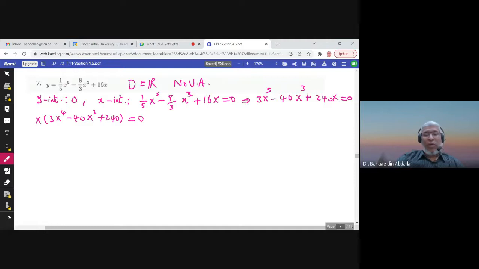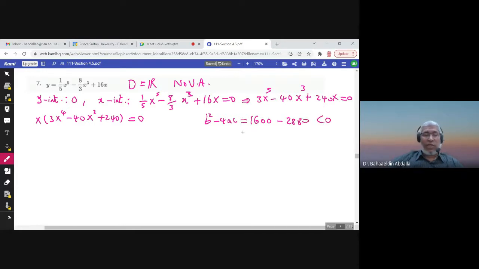Or I can try to find b squared minus 4ac, which is the discriminant, to make sure whether there are solutions or not. b squared is 1,600 minus 4 times 3 times 240, and this is 2880.